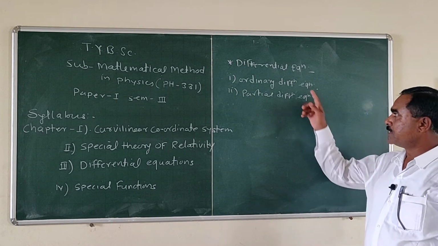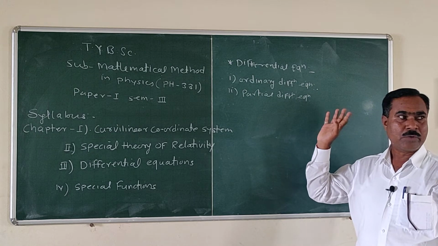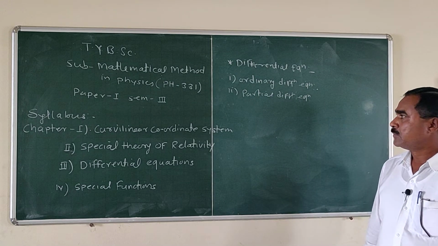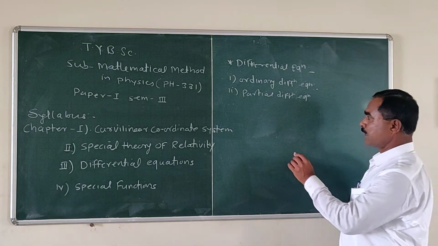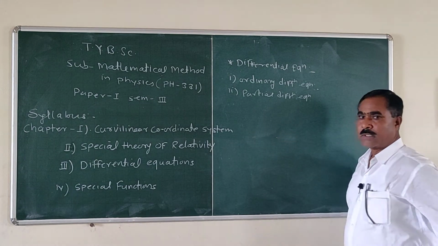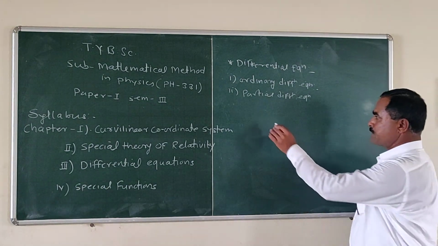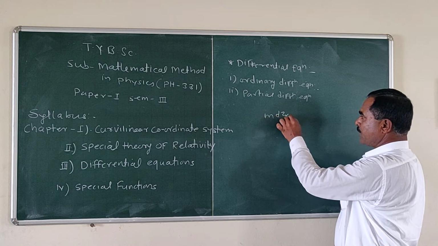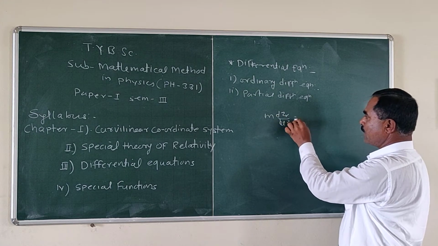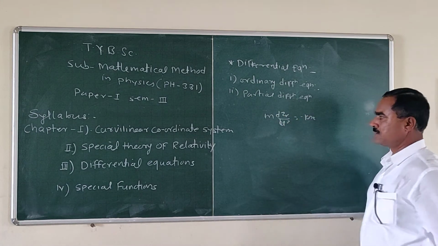That means this equation contains only one independent variable. For example, we consider the example of linear simple harmonic motion, that is m d2x by dt square equal to minus kx.